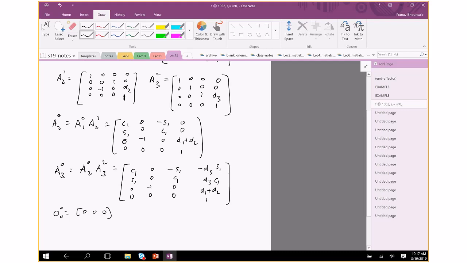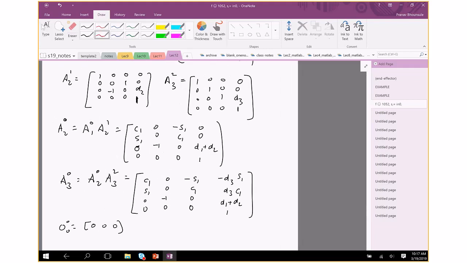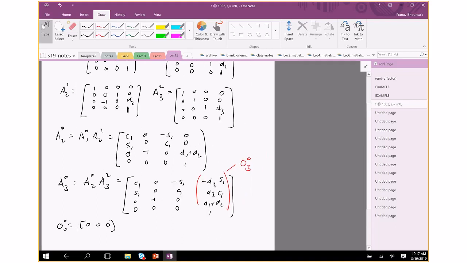Because that's the origin. So done with that. O30 is actually this part. This gives you the position of the end effector P, right? So O30 is done.